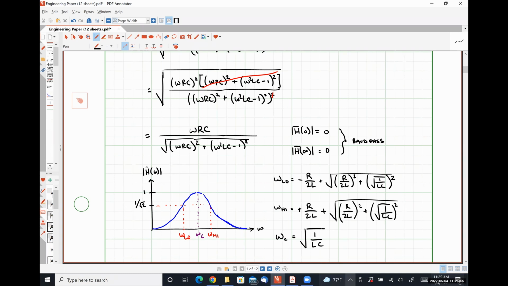Now, before we move on from this point, I want to introduce something new to you guys. I think I may have touched on it on Monday, but this distance between omega low and omega high is what's called the bandwidth of the amplifier.